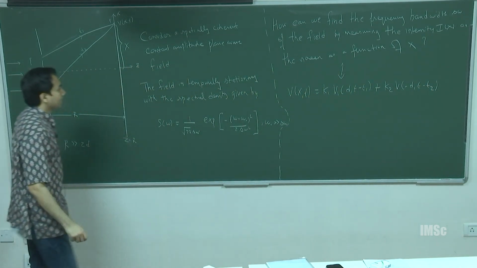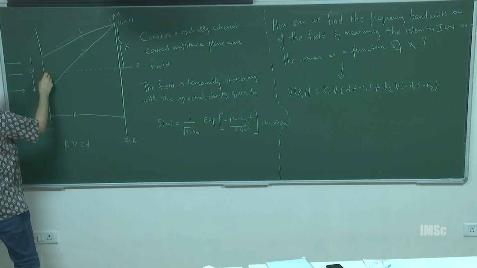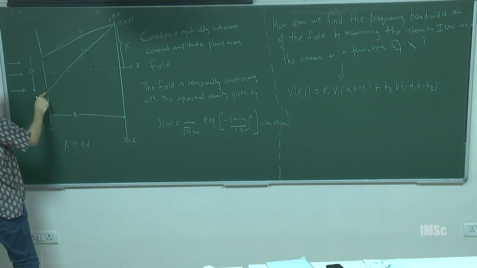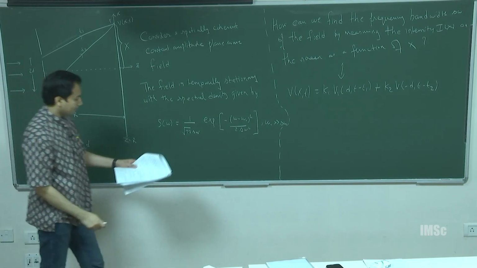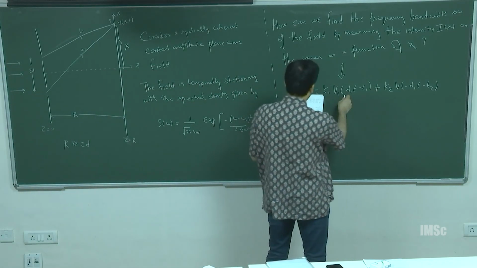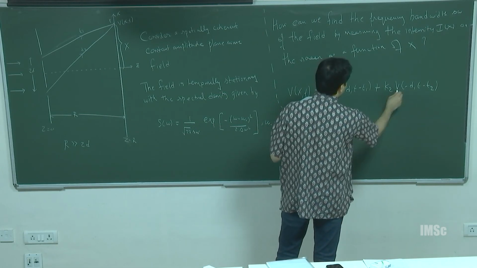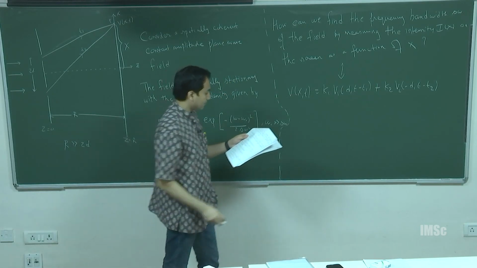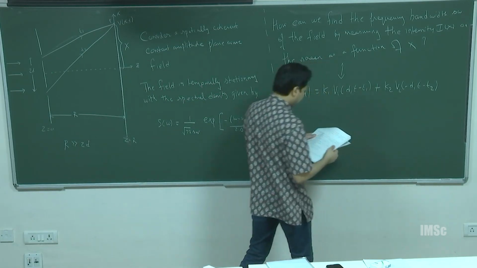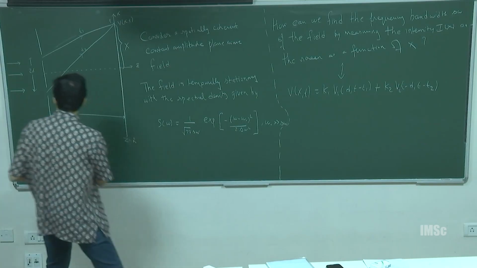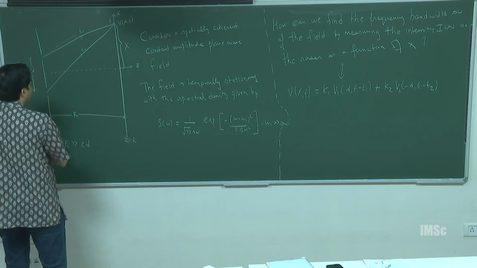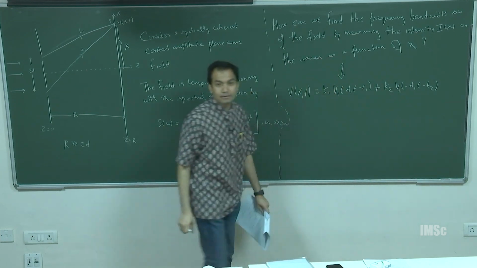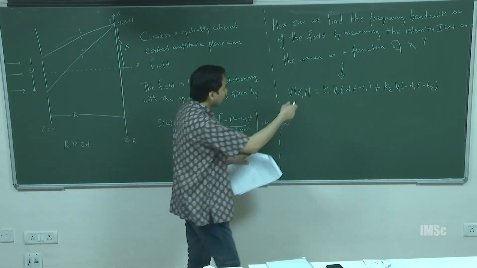Because let us say this is the origin, so the coordinate of this point will be d, and the coordinate of this one will be minus d. So V1 of d, t minus t1 and V2 of minus d, t minus t2 are the field amplitudes at the z equals 0 plane at these two points respectively, at these two space-time points respectively. Now k1 and k2 are constants.